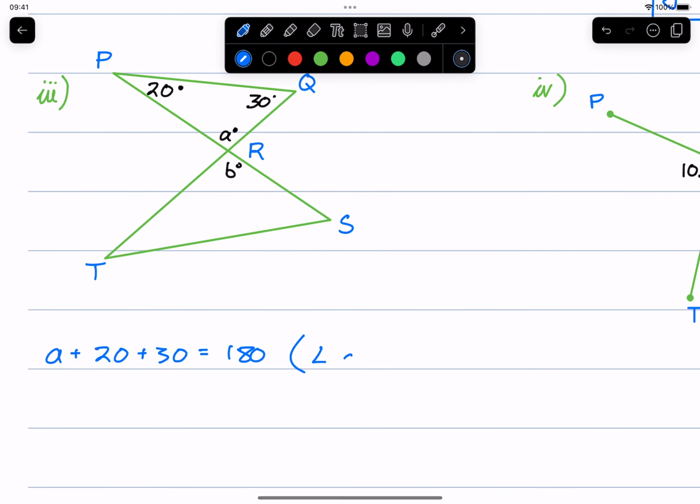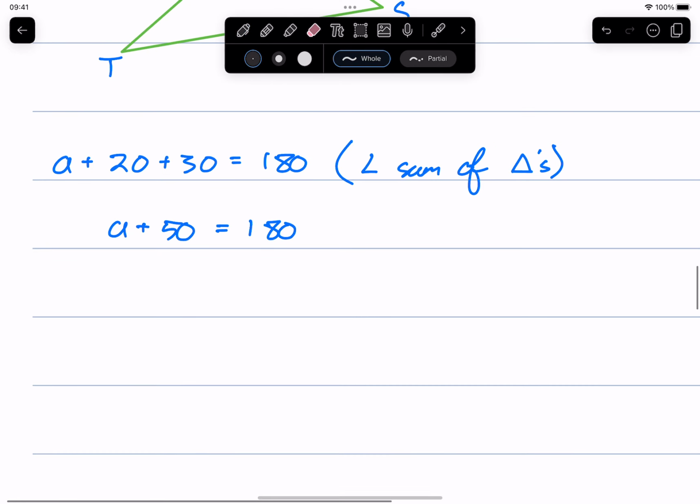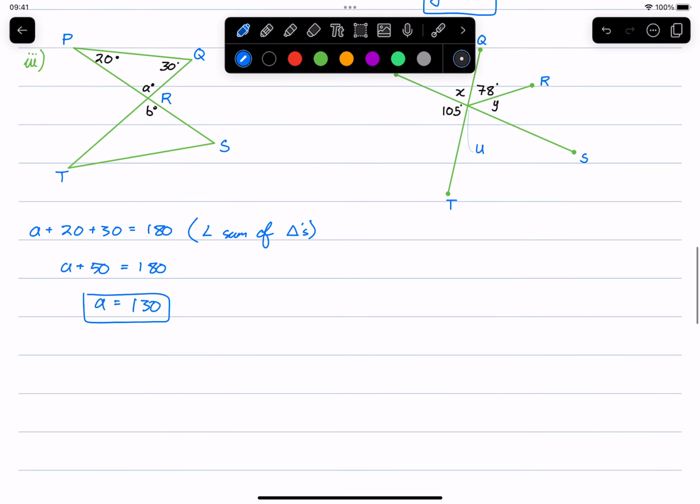And once again, that's the angle sum of triangles. In solving for A, we get A plus 50 equals 180. And the missing value there, A, must equal 130. And from this, we can see that B must also equal 130 because that is vertically opposite angles.